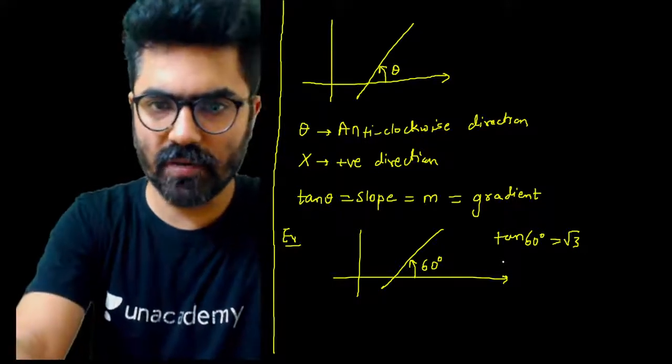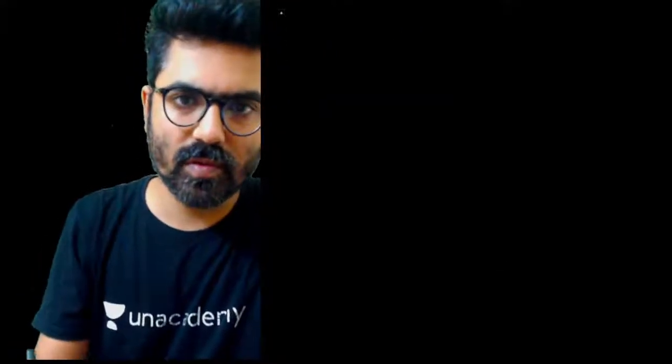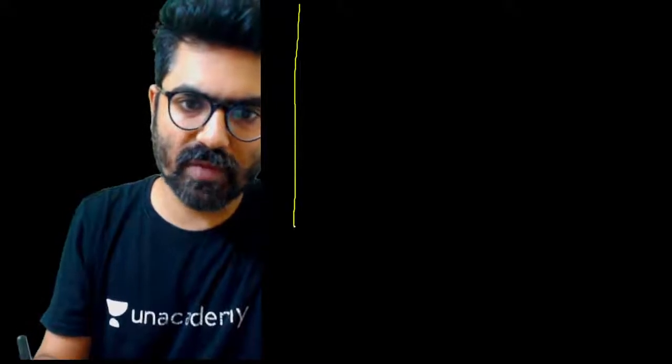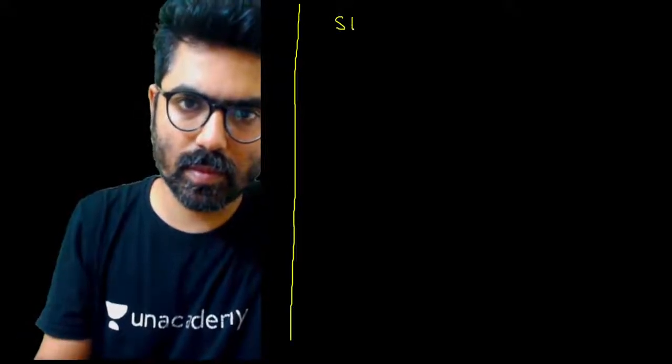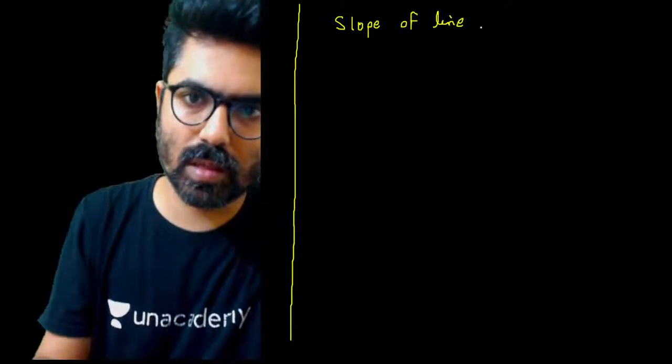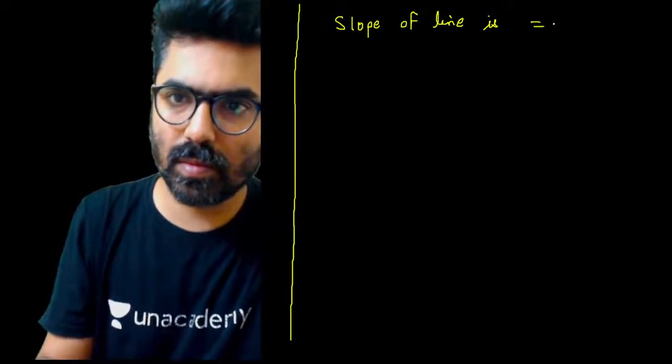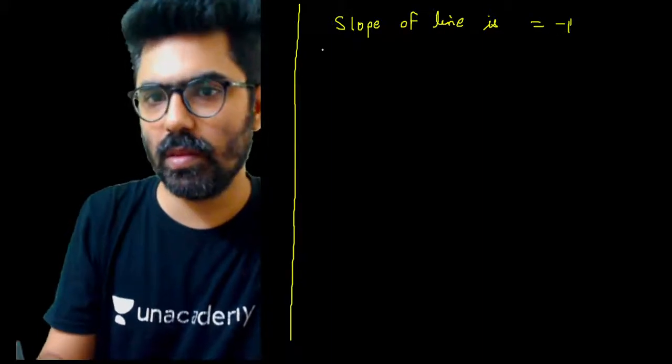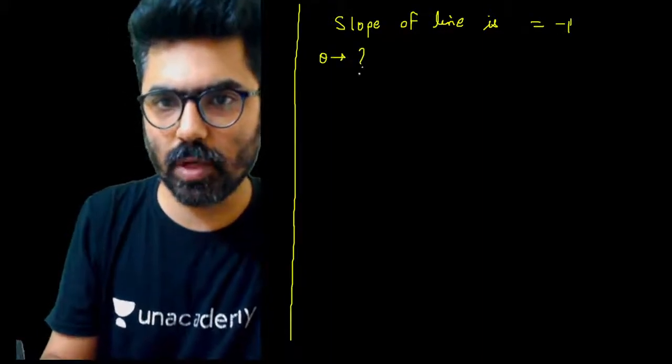Or in a different way, what if the slope of line is minus 1? Then what angle does it make with positive x-axis?